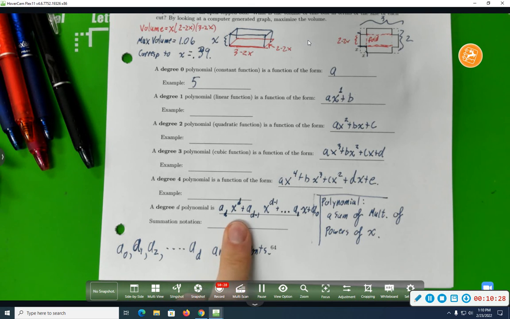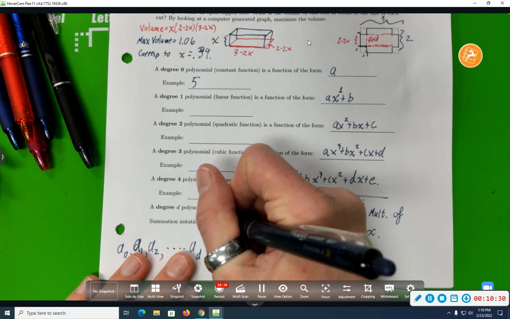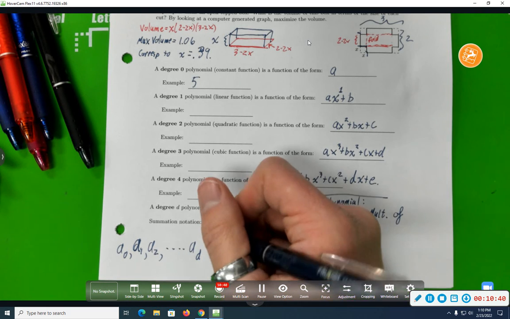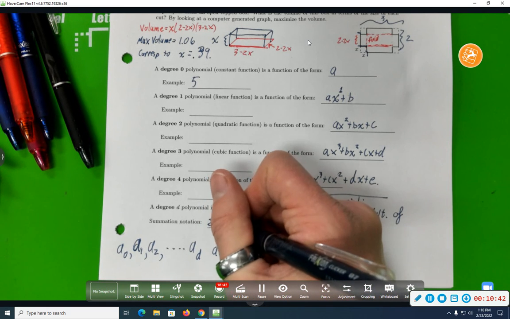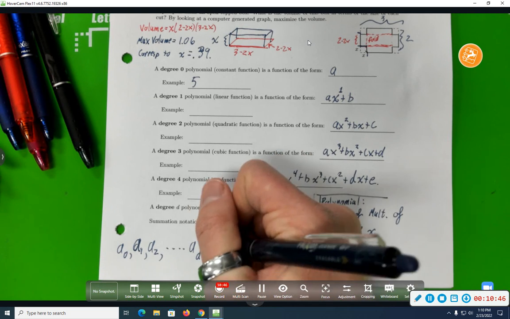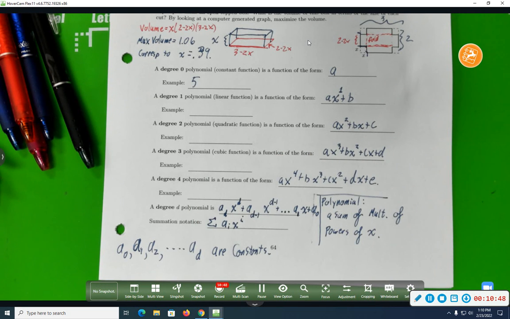A mathematician would write that as a sum, indicated by the Greek letter sigma, which is used because it starts with an S sound, and so does the word sum, of things that look like a sub i times x to the power i.